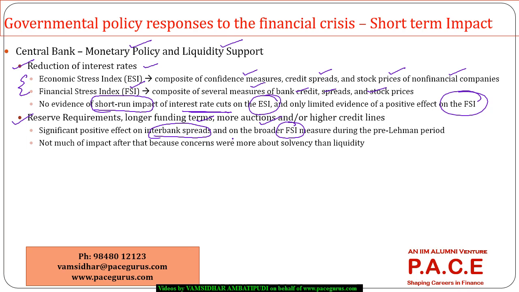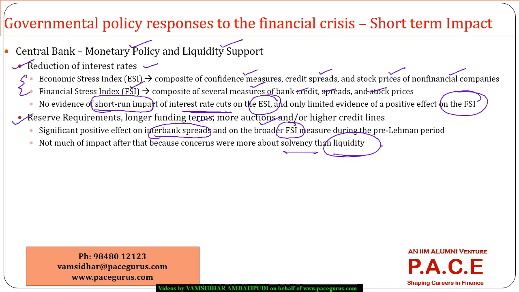But after the collapse of Lehman Brothers, even this could not show any kind of an effect, which means all the policy changes relating to reserves, funding terms, auctions, etc., did not have any kind of impact on improving the situation, because more and more people started bothering about solvency compared to liquidity.